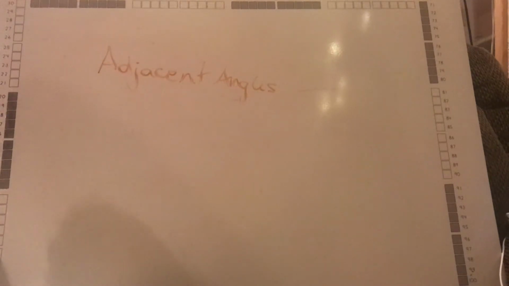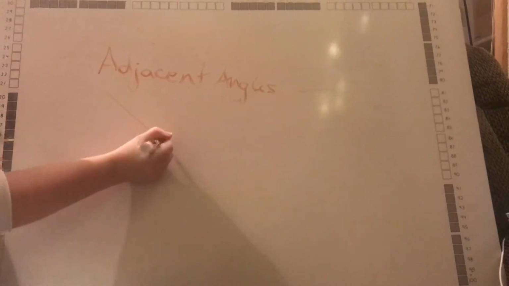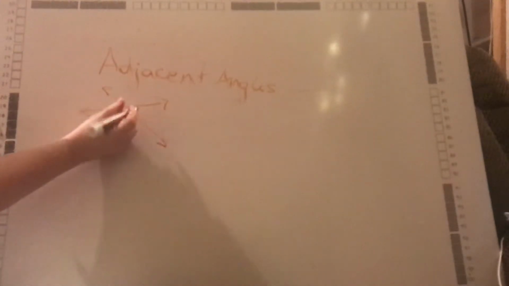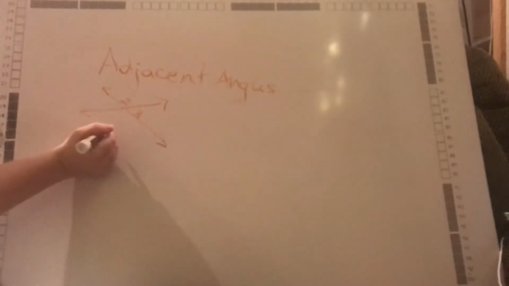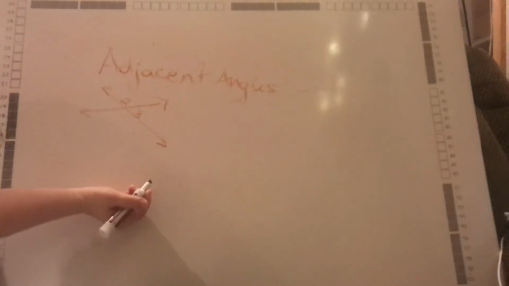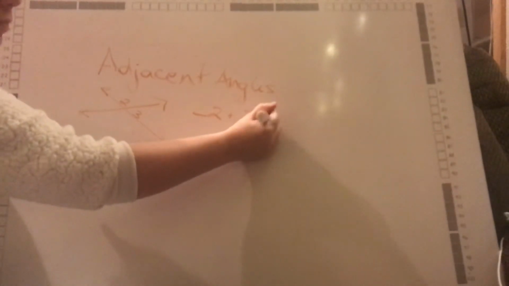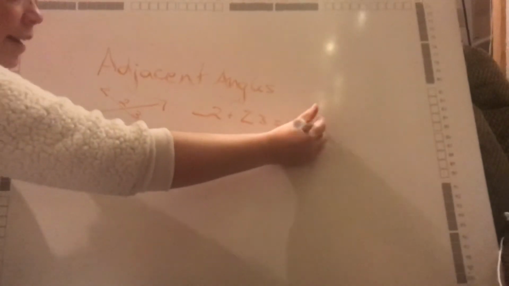So, adjacent angles formed by two intersecting lines are supplementary. So if you have this line and this line, these angles 2 and 3 are going to equal 180 degrees.